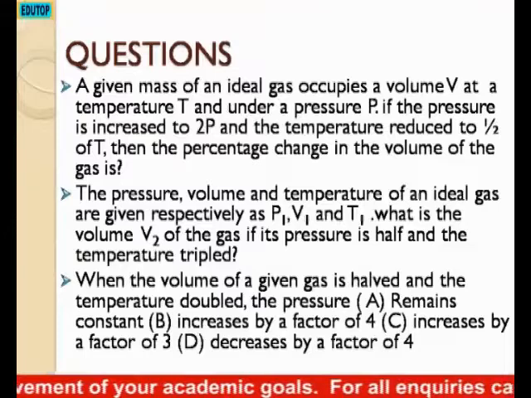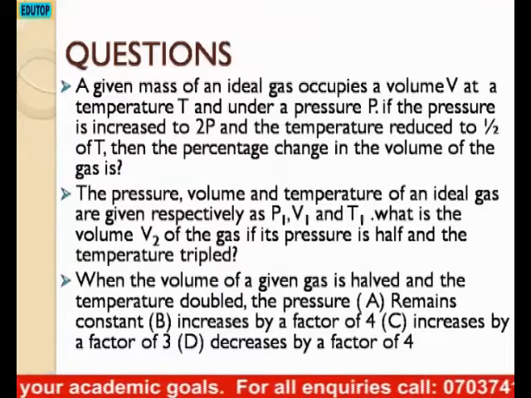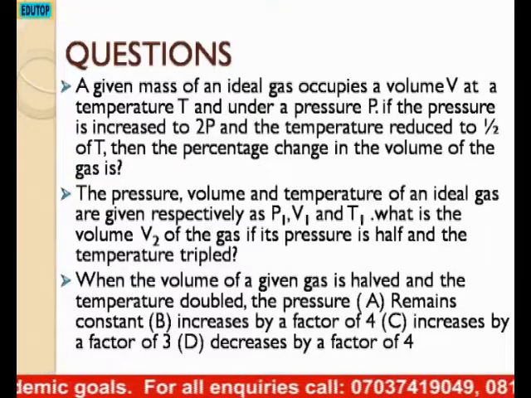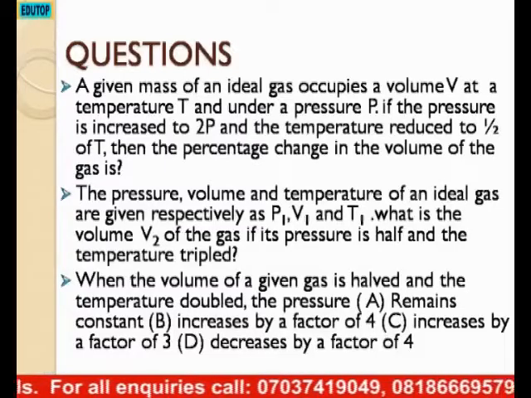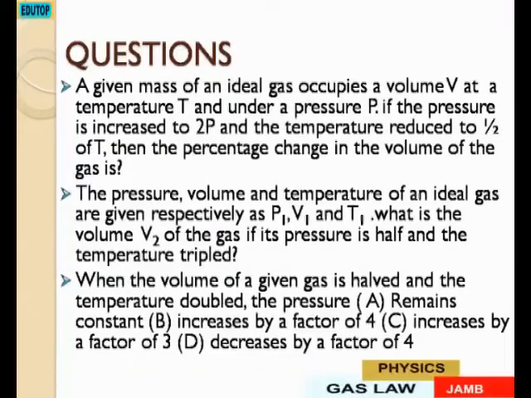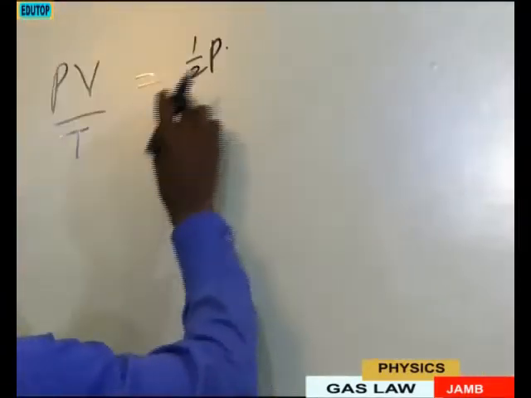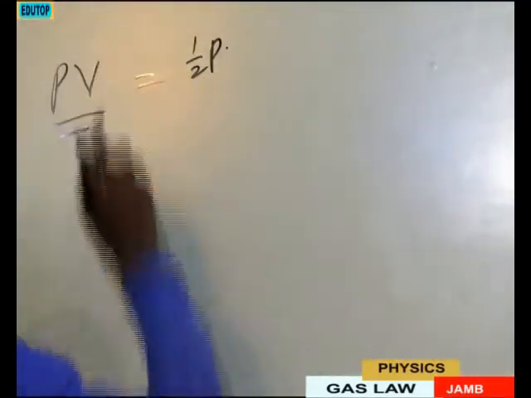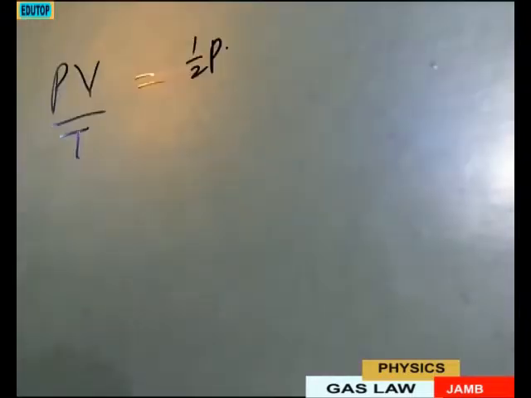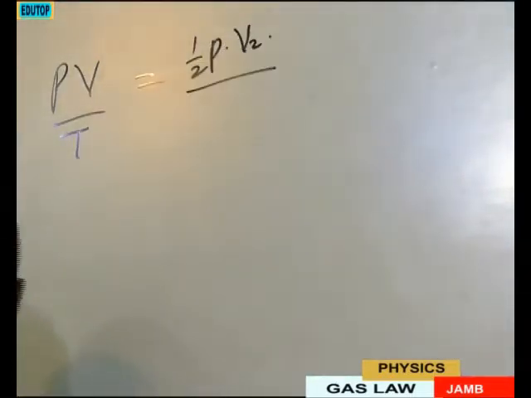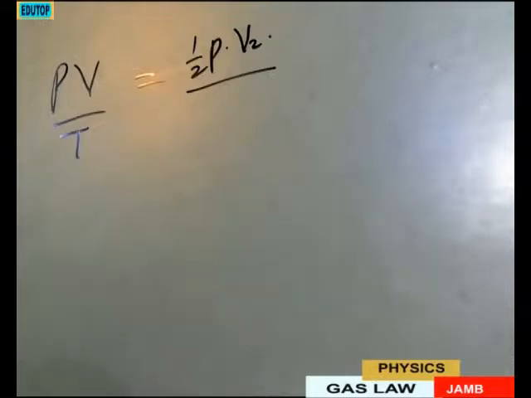We are going to come from the general gas equation, which is PV over T. We are told the pressure is half, and for the volume, that's what we are looking for, and the temperature is tripled.